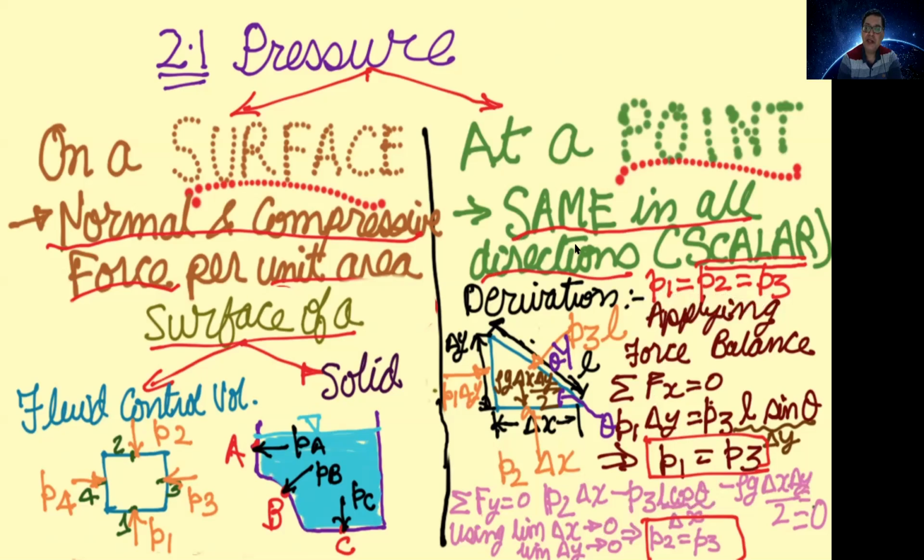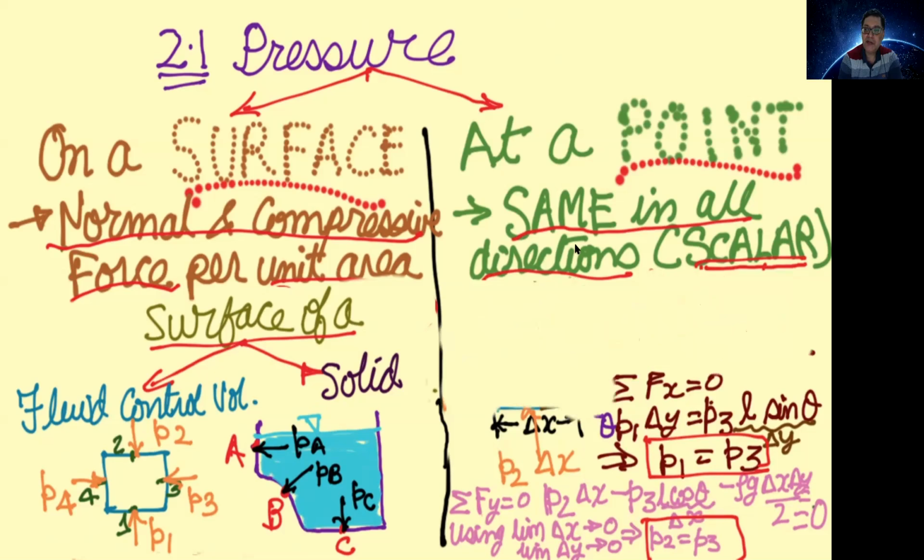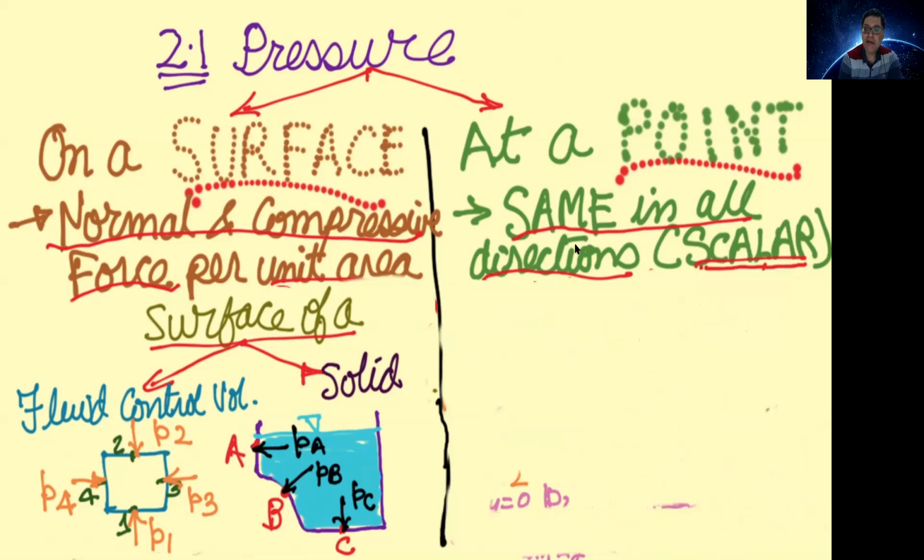After this derivation, let me show you how we define the pressure when we measure it at a point. We have to use some reference with which we define the magnitude of a pressure. There are two commonly used references in the literature. If you measure the pressure with respect to vacuum, then we call that absolute pressure, as shown here.